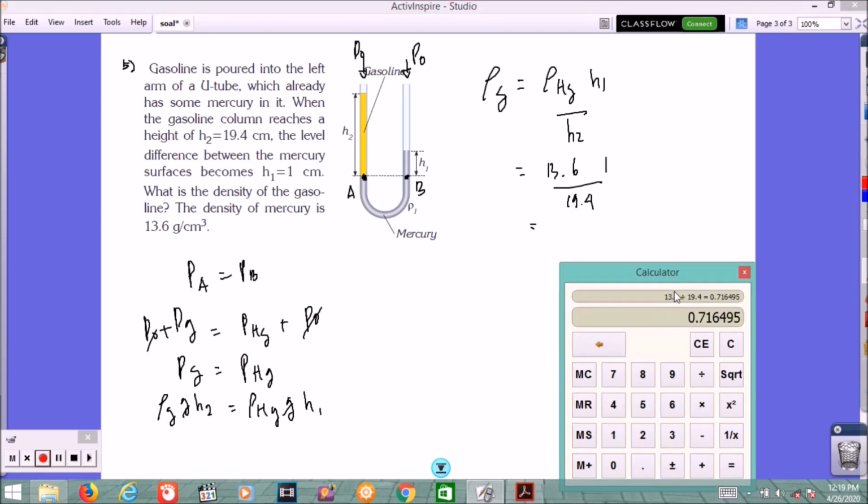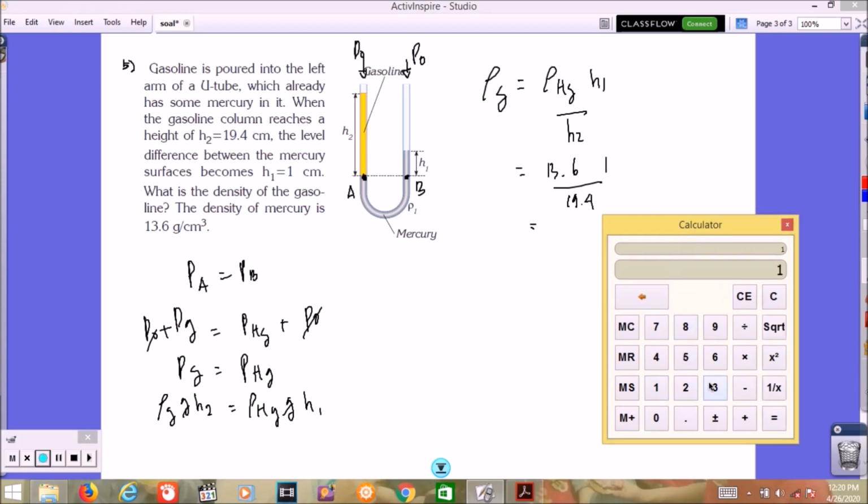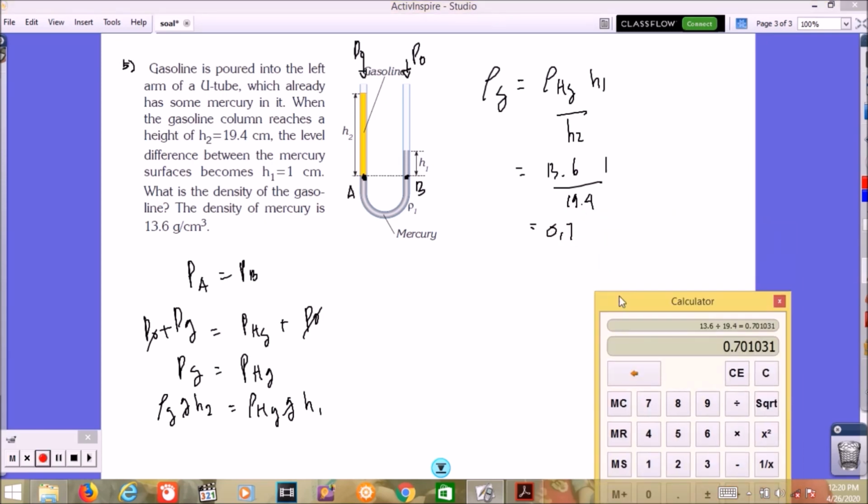Then the result is 13.6 divided by 19.4, which is 0.7, rounded, gram over centimeter cubed, or about 700 kilogram over meter cubed.